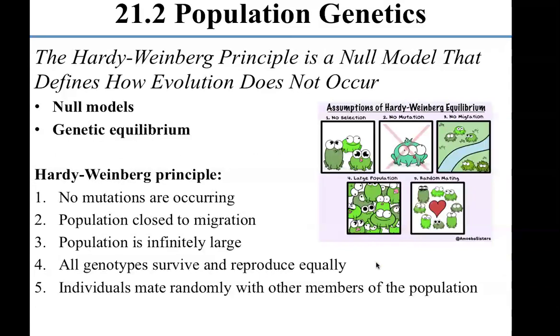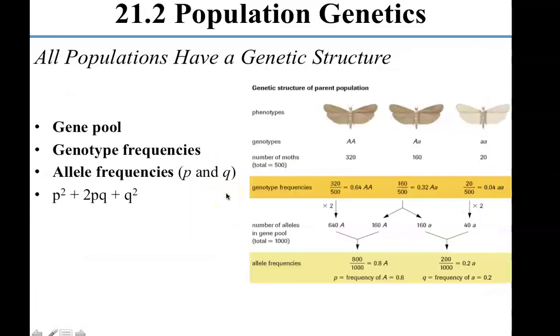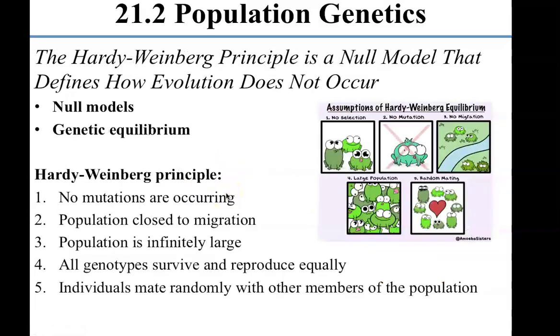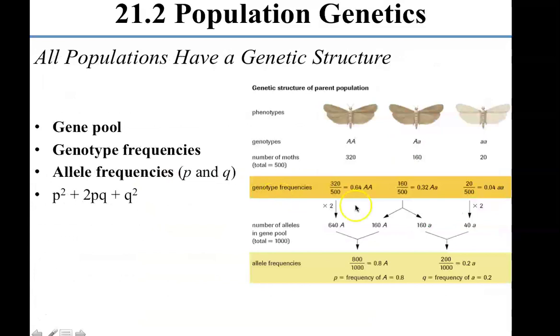So how would a population maintain genetic equilibrium? How would it not evolve? Well, for a population to not evolve, it basically has to meet these 5 aspects of the Hardy-Weinberg principle. So for a population not to evolve, there would have to be no mutations occurring, right? And that makes sense because, and we'll talk about more of these in more detail in part 2, if no mutations are occurring, then we're not generating new alleles, right?